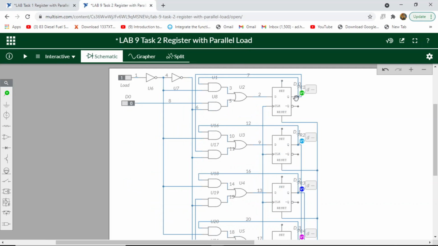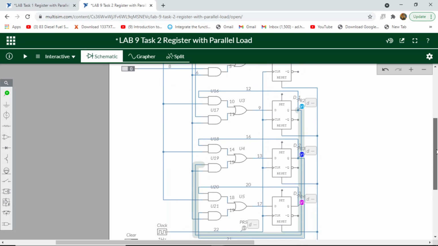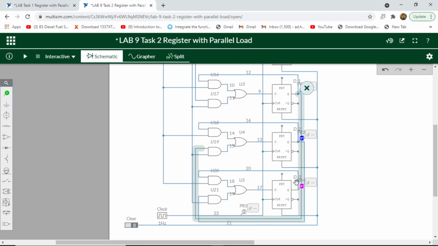Now this is the next circuit. In this circuit we have done some modifications as we make the output of D0 the input of D1. Similarly, the output of D1 becomes the input of D2, and the output of D2 becomes the input of D3.